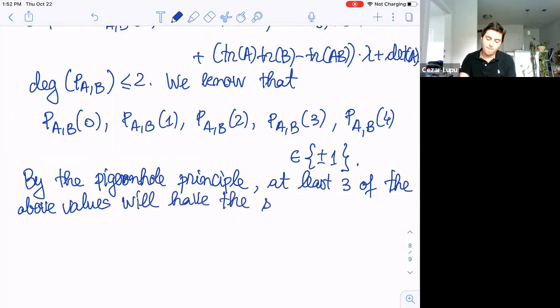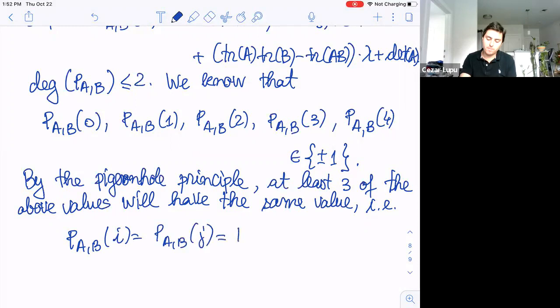So in other words, this means that P_AB of I is the same as P_AB of J, which is the same as P_AB of K. And moreover, these are plus or minus 1.